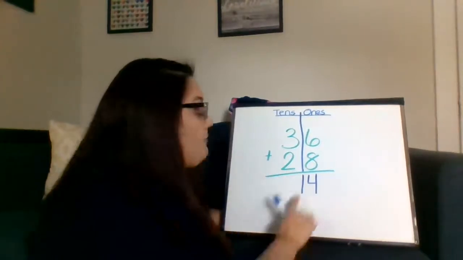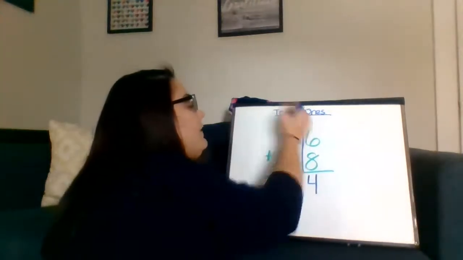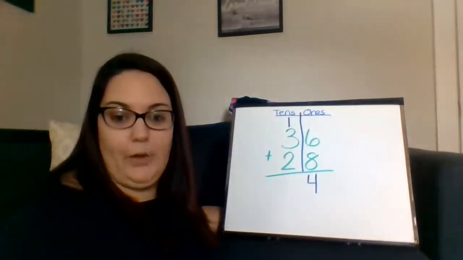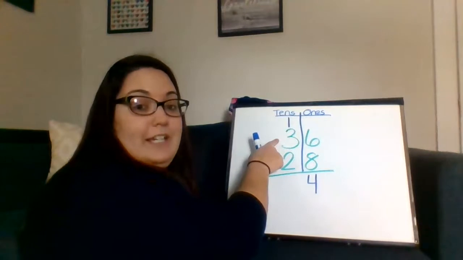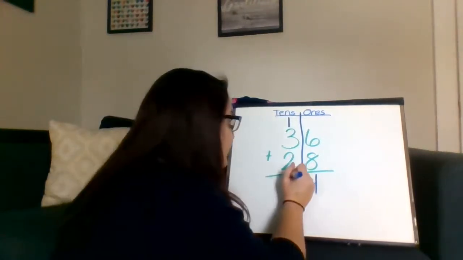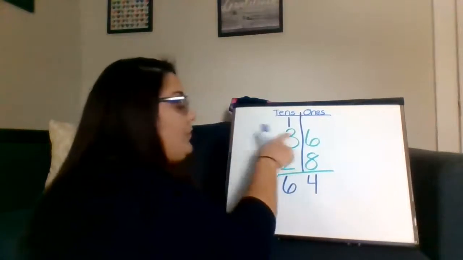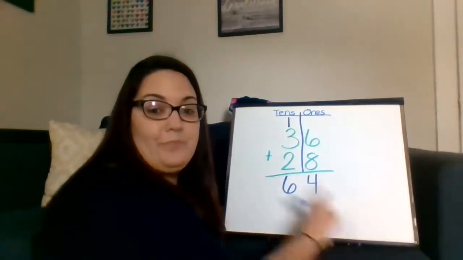So to do that, I'm going to take this 1 and I'm going to regroup it up into my tens column. Now I can just add these three numbers together. 1 plus 3 is 4. 4 plus 2 is 6. So 36 plus 28 equals 64.